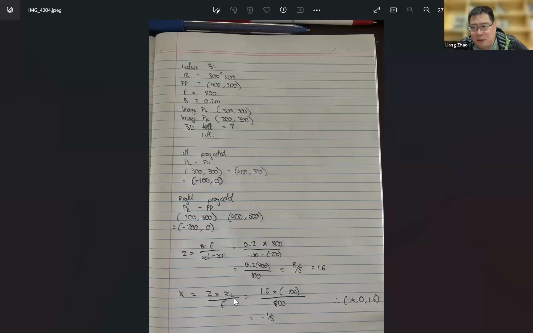For example, what's the baseline here? It's 0.2. And let's say the baseline is only on the X coordinate frame. If you want to calculate the position in the right coordinate frame, you take the current XYZ, then minus 0.2, 0, 0, and that's it.